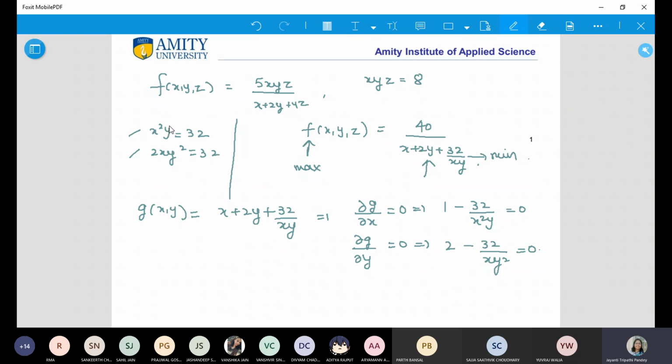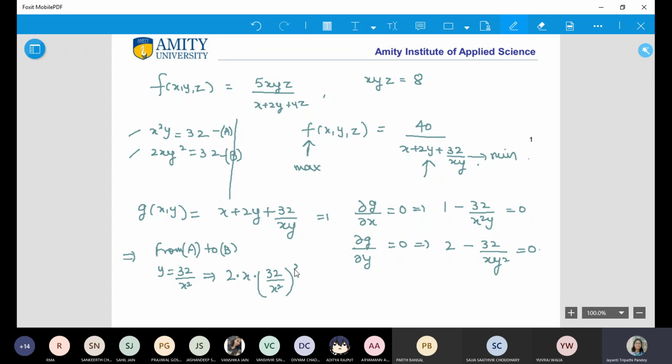How do we solve it? Very simple way. Here you have y is equal to 32 by x square. Please put it here. If I mark this as equation A and this as B, from A to B, y is 32 by x square. This means 2 into x into (32 by x square) whole square is 32.